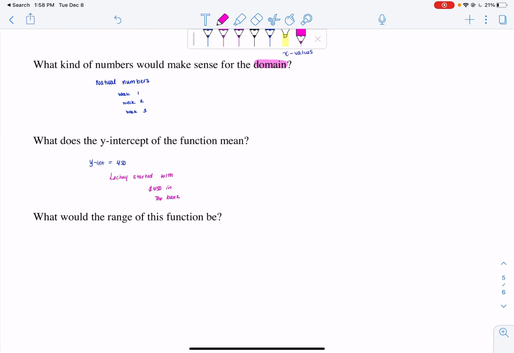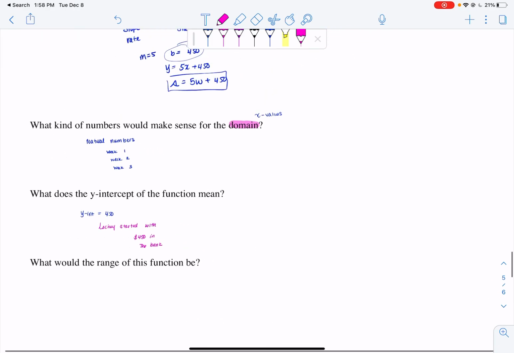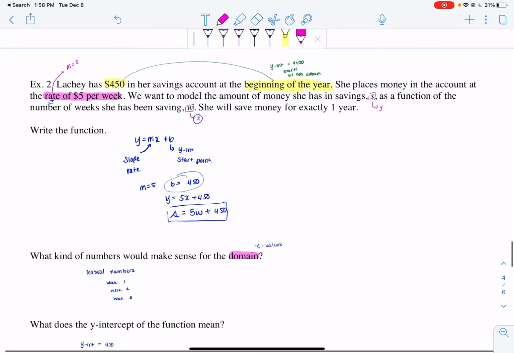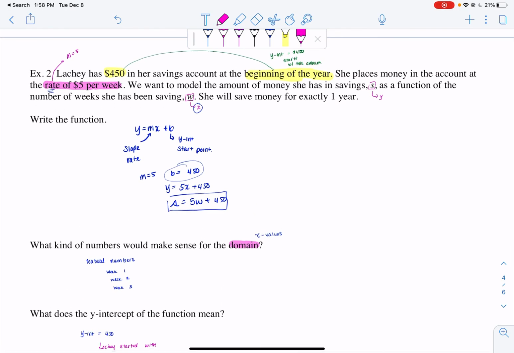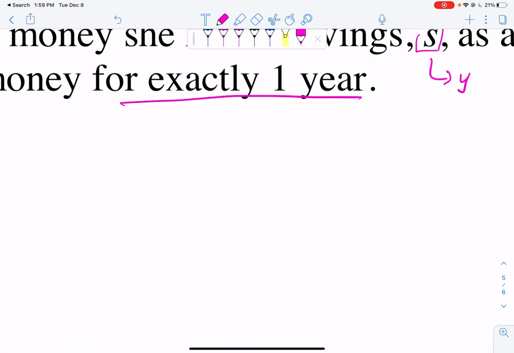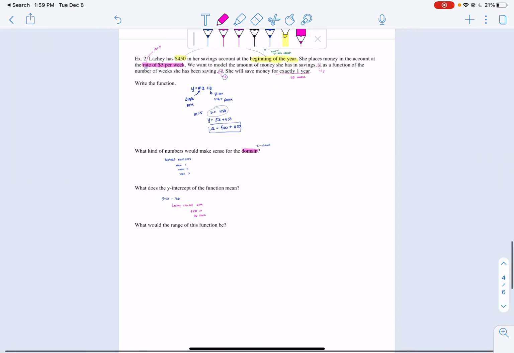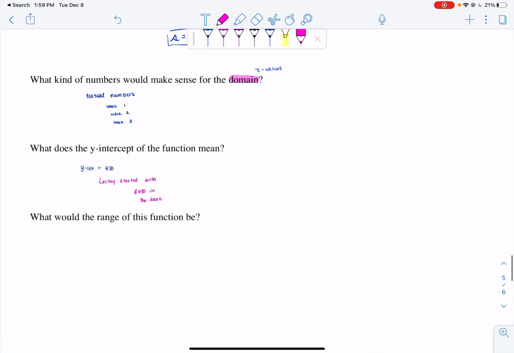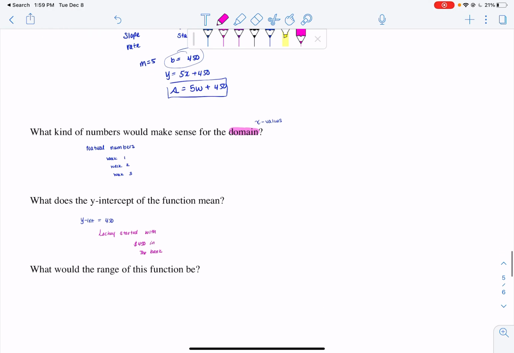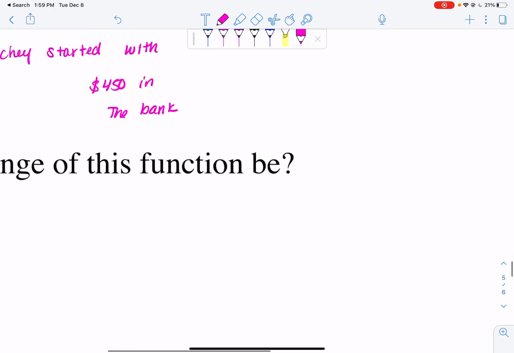What would the range of this function be? Ooh, this is a good question. Well, if you think about it, she is saving money for exactly 1 year. How many weeks are in a year? There should be 52 weeks in 1 year. So I actually want to find out what my highest y value is. I'm going to take my equation, s equals 5w plus 450, and plug in 52 for w.